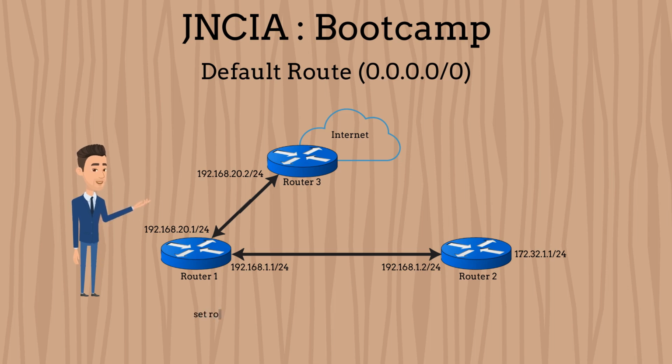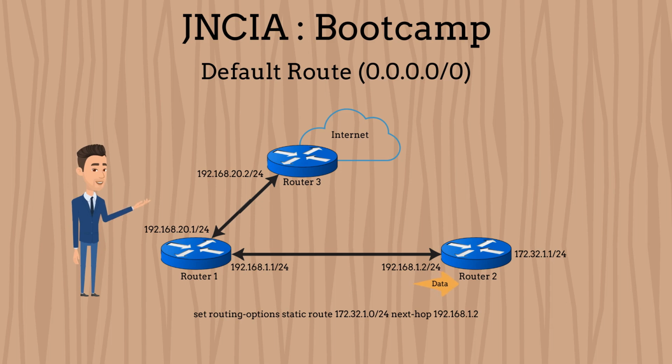We know that to send data from router 1 to router 2's 172.32.1.1 interface, we have to complete configuration of set routing-options static route 172.32.1.0/24 next-hop 192.168.1.2.